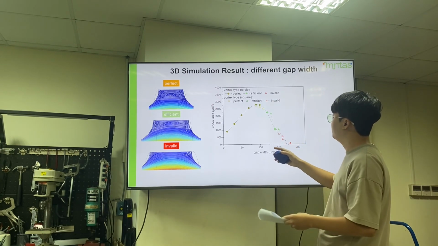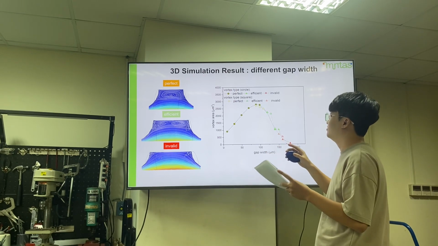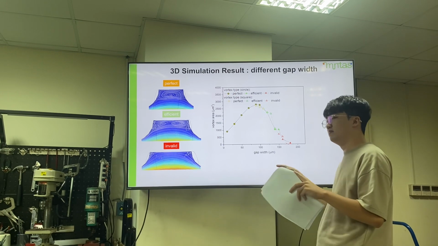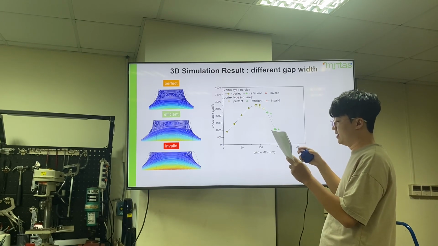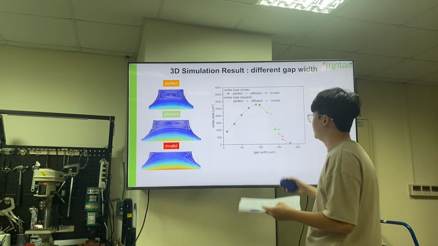When we maintain the gap width at 90 to 150 micron, we can make a vortex existent.